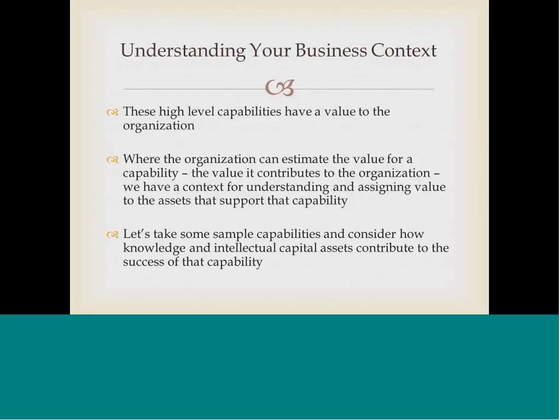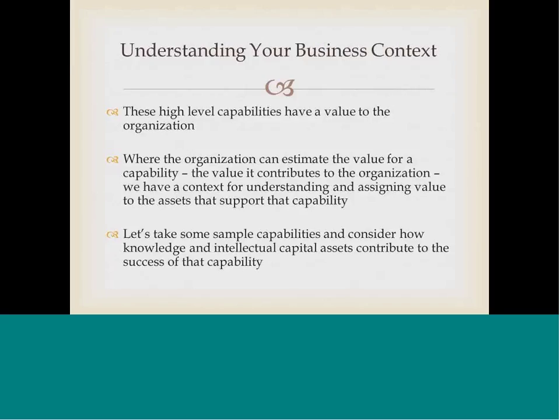This is a very important point, because remember, in our earlier discussion of intellectual capital, we're always looking for the effect that it has. In conducting an audit, we don't want to measure the value of the assets directly. We want to measure the value that they provide to the organization in the business context.